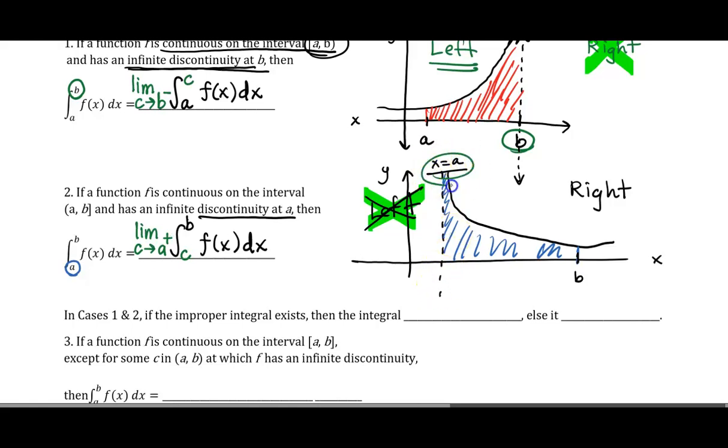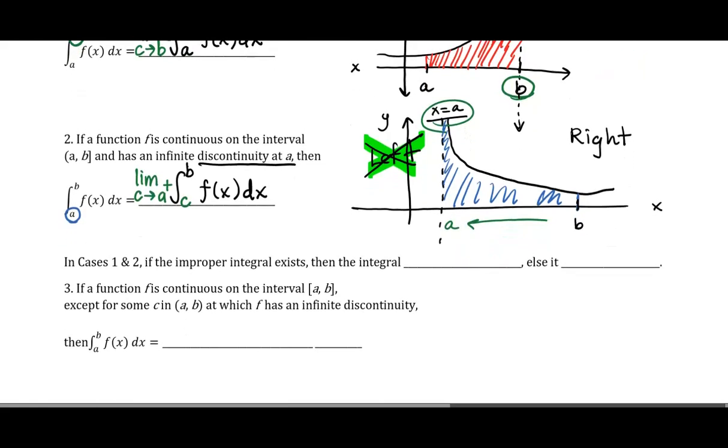So I still want to approach A, but I'm going to have to approach A from the right side. In both of these cases, if the improper integral exists, then we say that it converges as before, else it diverges.